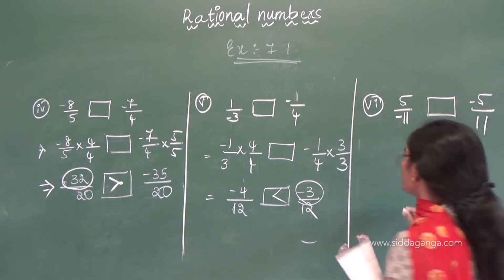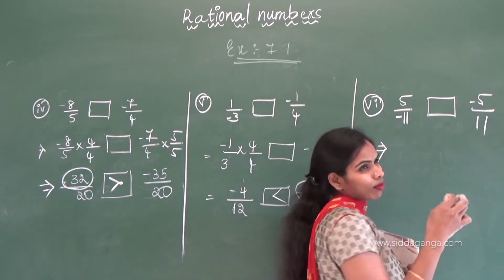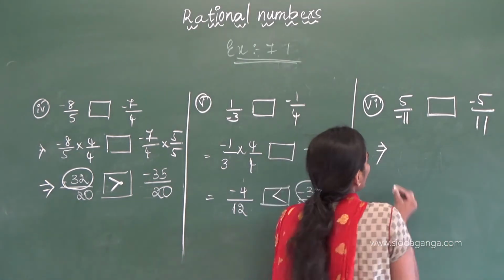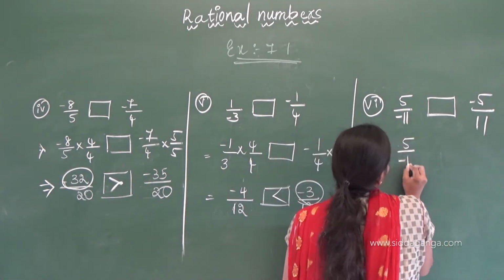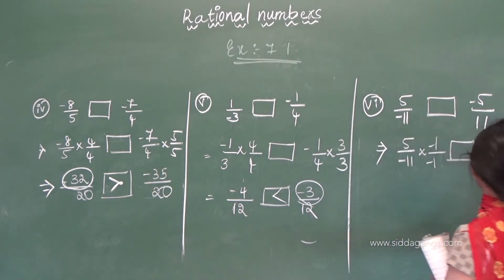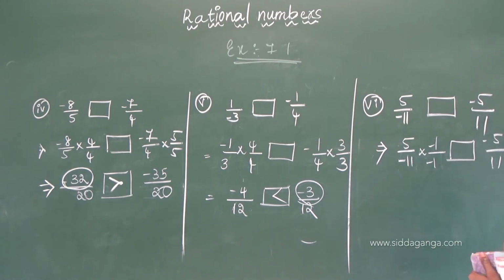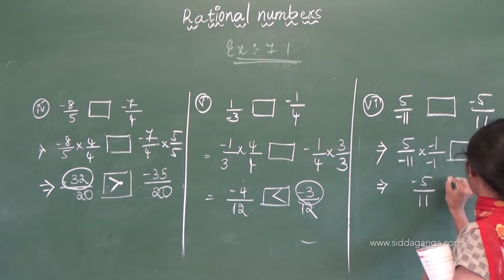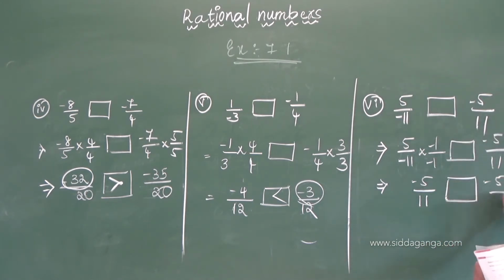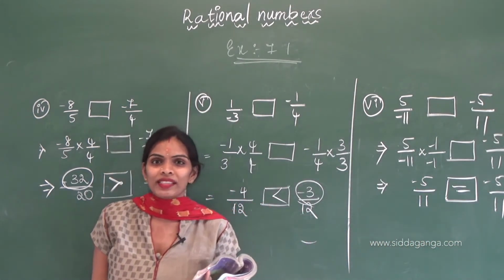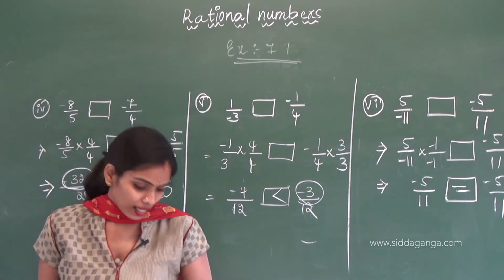We can change that one by multiplying numerator and denominator by minus 1. 5 by minus 11 into minus 1 by minus 1, correct? Minus 5 by 11 and minus 5 by 11. We can put the equal symbol here because minus 5 by 11 and minus 5 by 11 are equal in quantity. That's why I am placing the equal symbol.